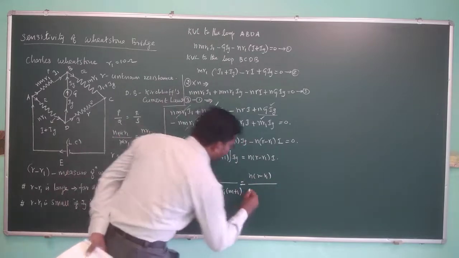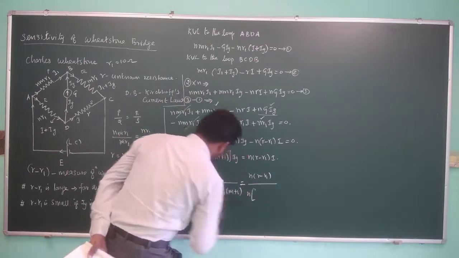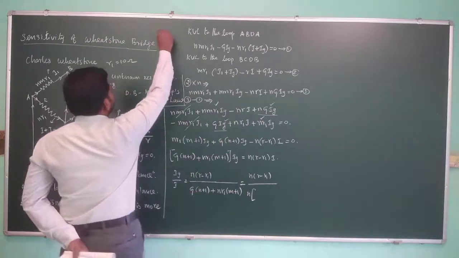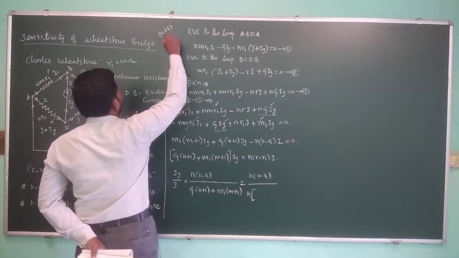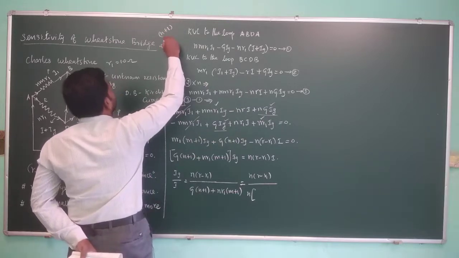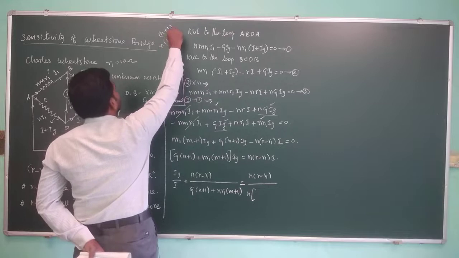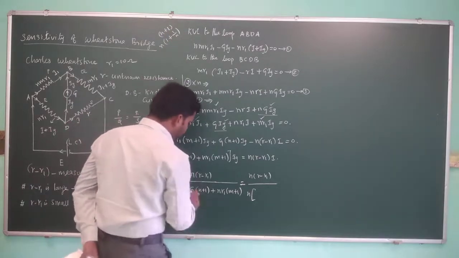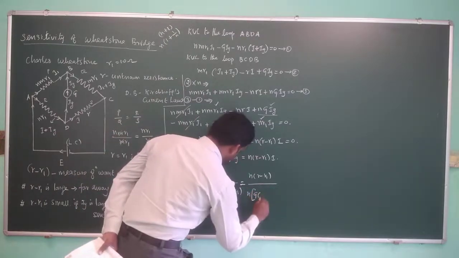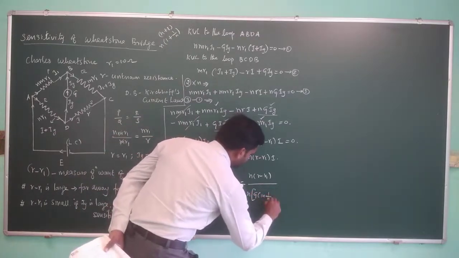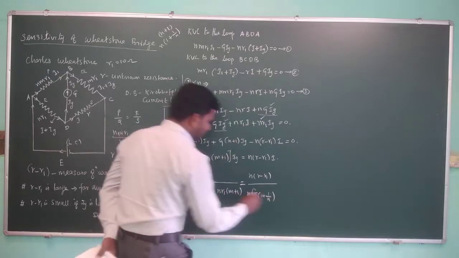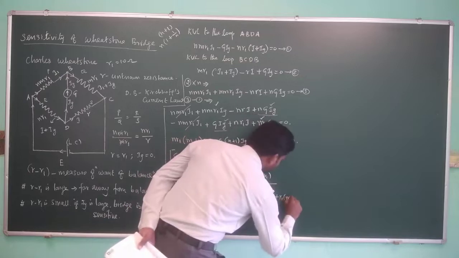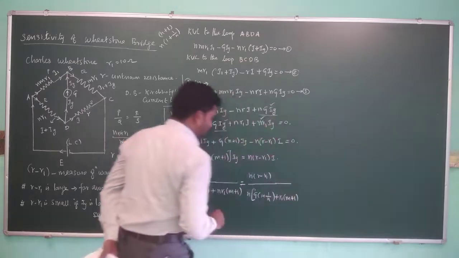So let me rewrite this as n into (r minus r1) divided by, if I take n outside, how to take n outside in this? There is an n plus 1, if I want to take n outside, here it becomes 1, here it becomes 1 by n, right? I have taken n outside, so this becomes G times (1 plus 1 by n), and this n is taken out, so r1 (m plus 1).